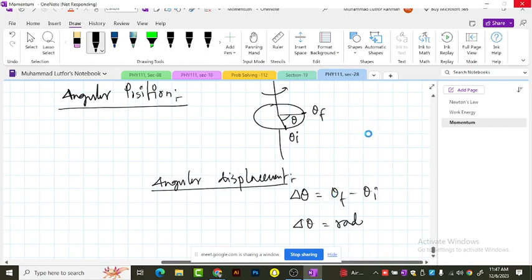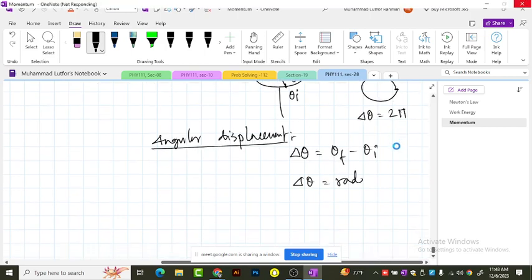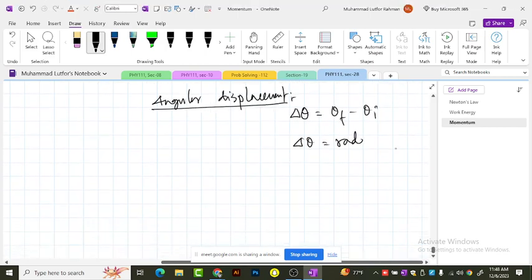Let's say this disc starts from there, goes around, and comes back to its initial point. Then its angular displacement in that case should be twice pi, which makes a complete rotation, or you can say 360 degrees.